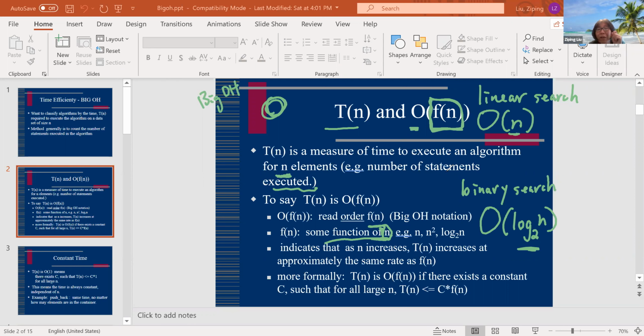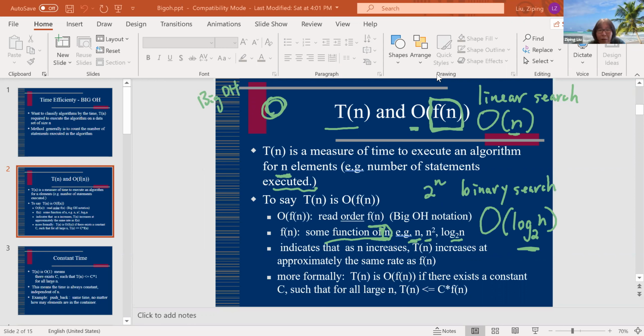Normally when you see the O, you will see n, or n quadratic, or log 2n, or cube, or 2 to the n, something like that. Not a comprehensive math function, just some single term math function.